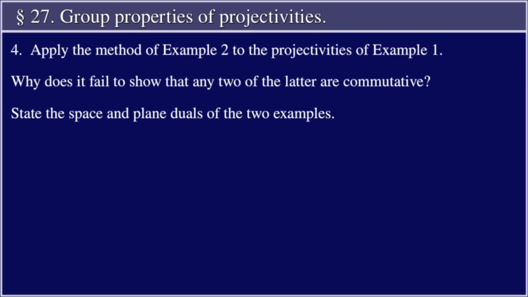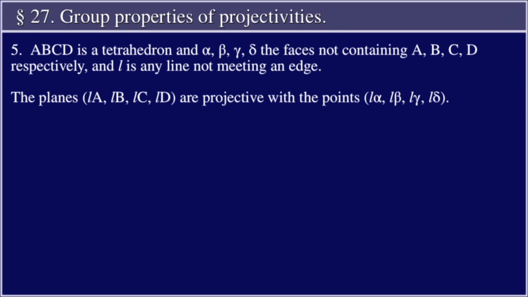State the space and the plane duals of the two examples. 5. A, B, C, D is a tetrahedron, and alpha, beta, gamma, delta, the faces not containing A, B, C, D, respectively. And L is any line not meeting an edge.